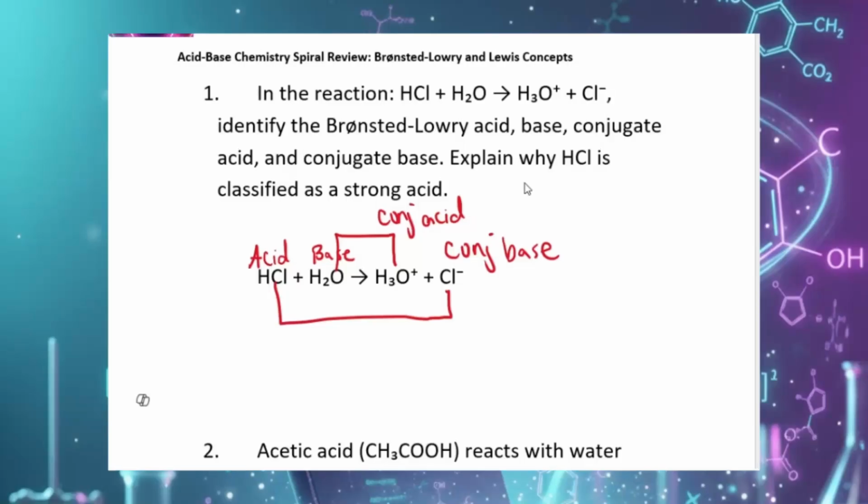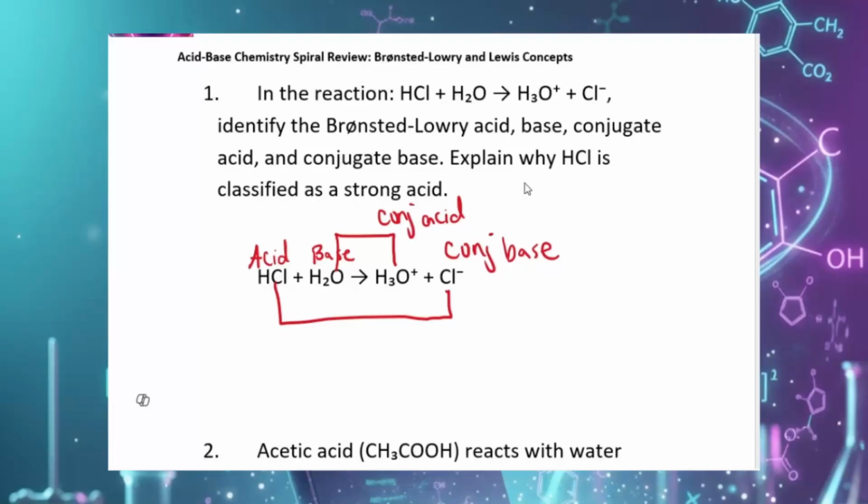Here are some other notes you may want to know, because it says identify the Brønsted-Lowry acid and base and then the conjugate acid and base. We did that already. The Brønsted-Lowry acid is the HCl because it donates a proton. The base, H2O, accepts a proton.